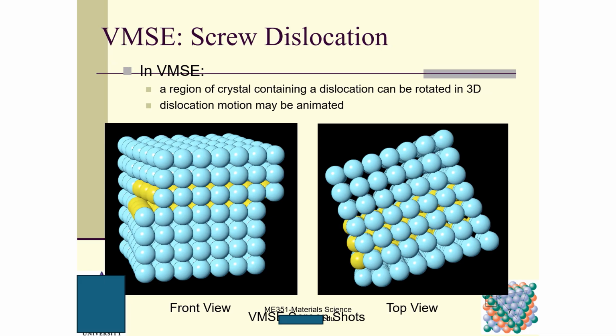If you have the textbook, I think you have these resources to see how it moves. You can see I have applied the load, and it moves, screwing this way. A region of crystal containing a dislocation can be rotated in 3D, and dislocation motion may be animated. This is the front view and this is the top view.